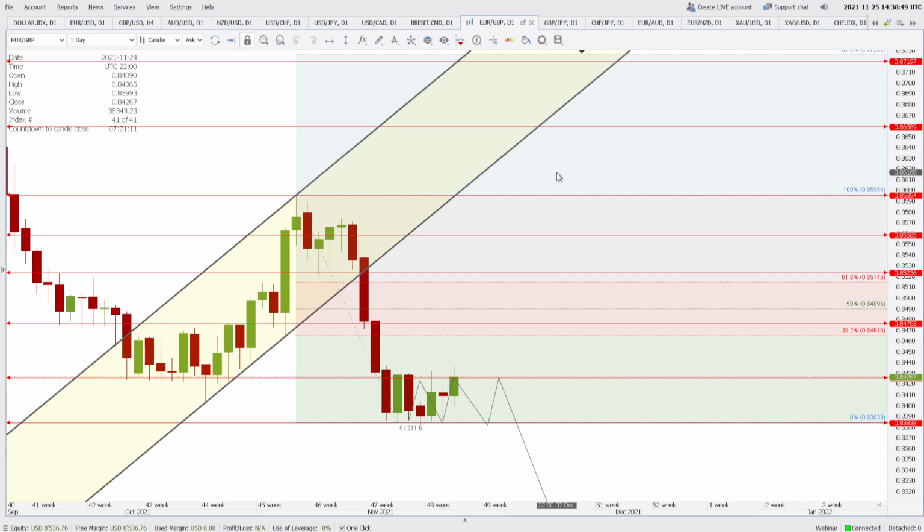Talking about the Euro GBP, a close higher than 0.8425 is required. The price has managed to make an intraday high of 0.8436, that is 10 points above the key level, but the key is a closing above that price.